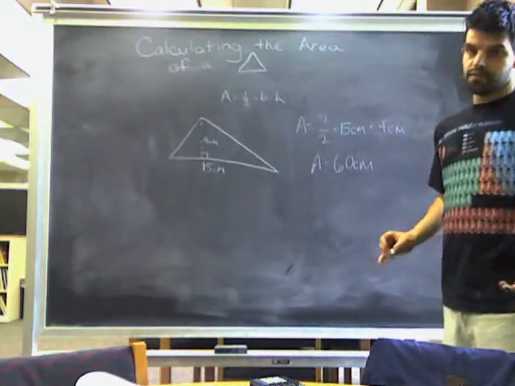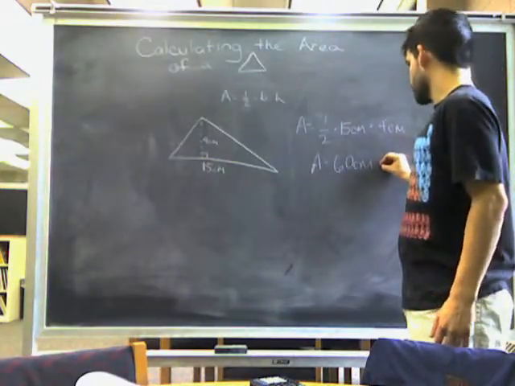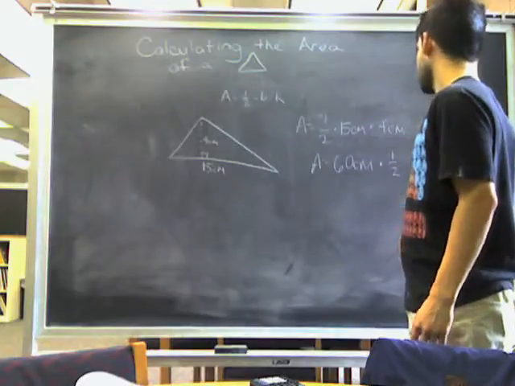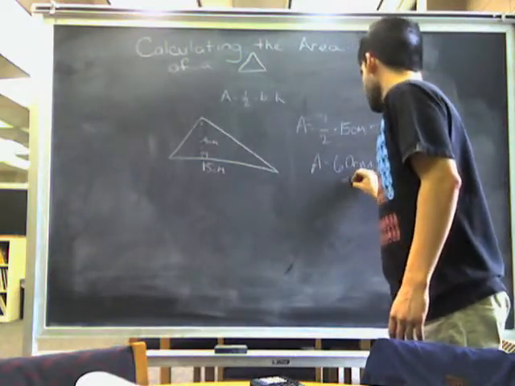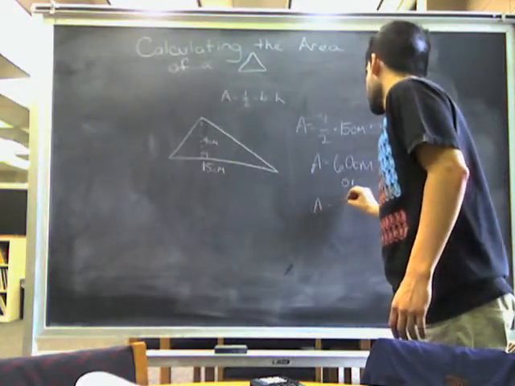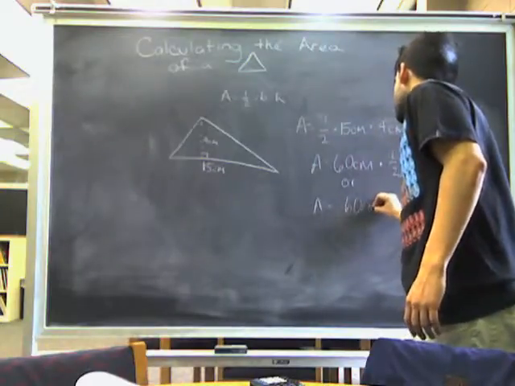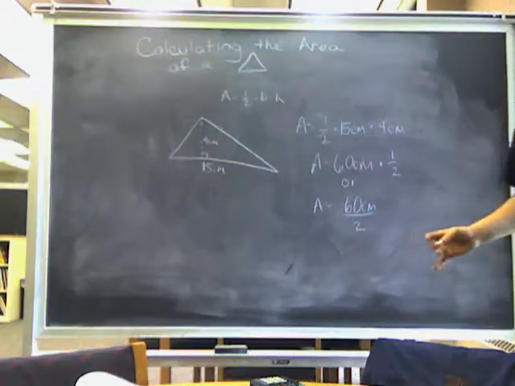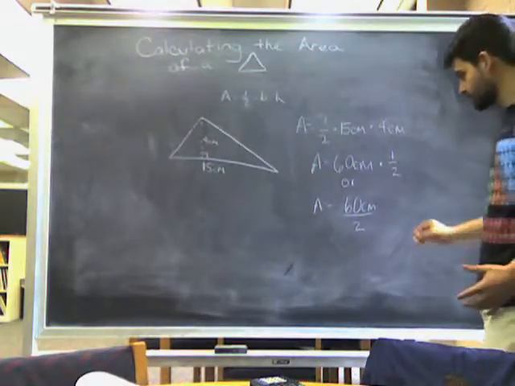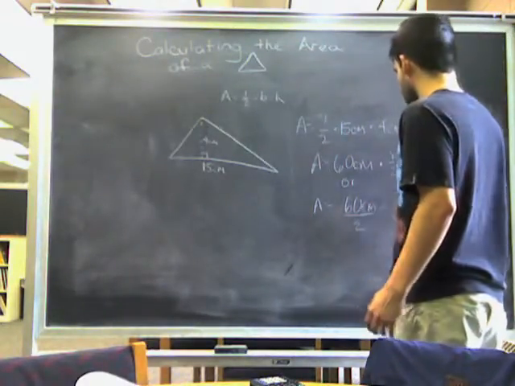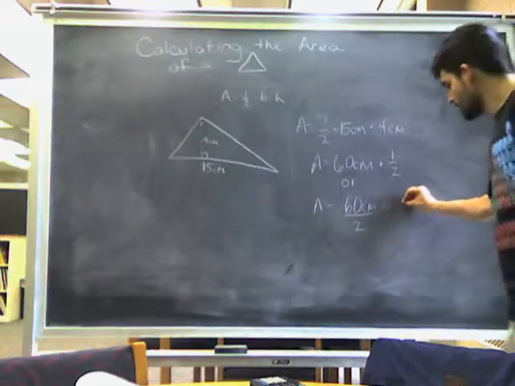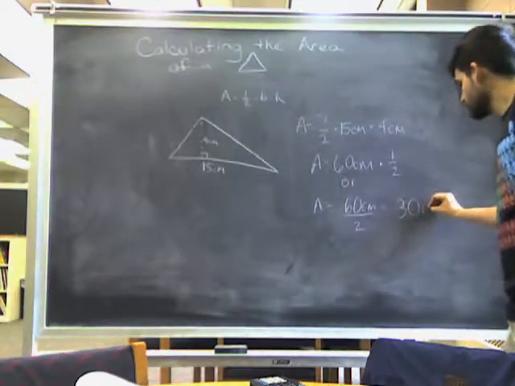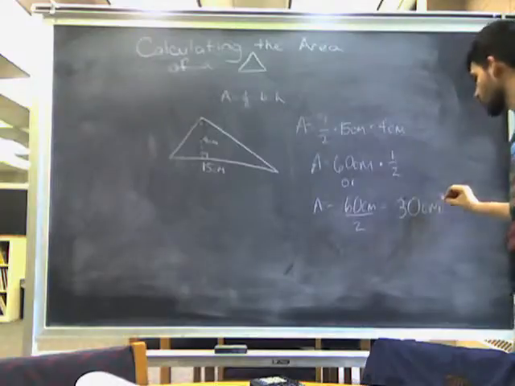Now, there's two ways that you can do the rest of this. You can either times it by 1/2, or you can say it's 60 centimeters divided by 2. Whatever makes you feel more comfortable when you're doing these calculations. Okay? You're going to get 30 centimeters squared.